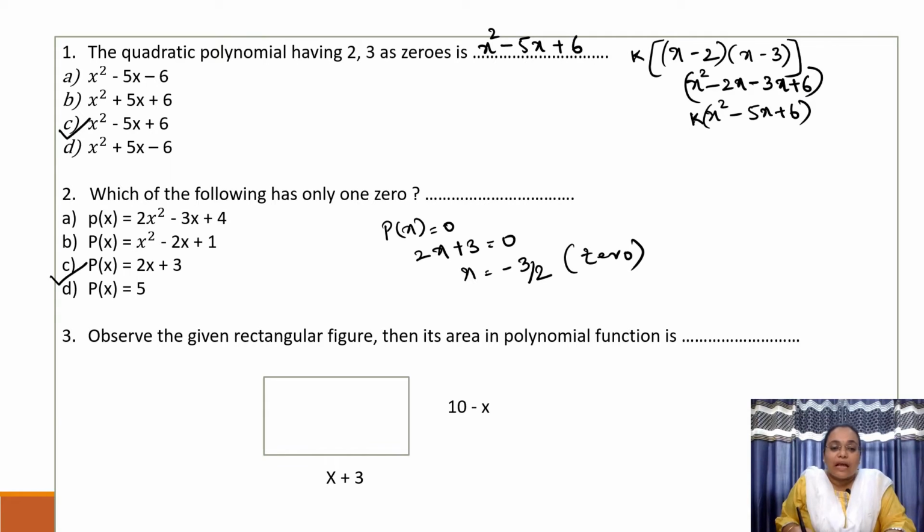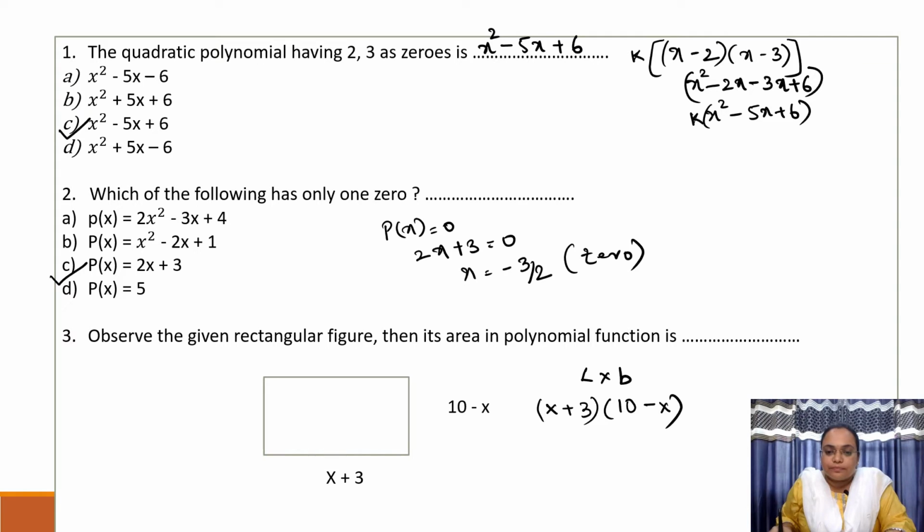The next one is observe the given rectangular figure, then its area in polynomial function is. What is the area of a rectangle? It is length into breadth. Just multiply both, 10 minus x.